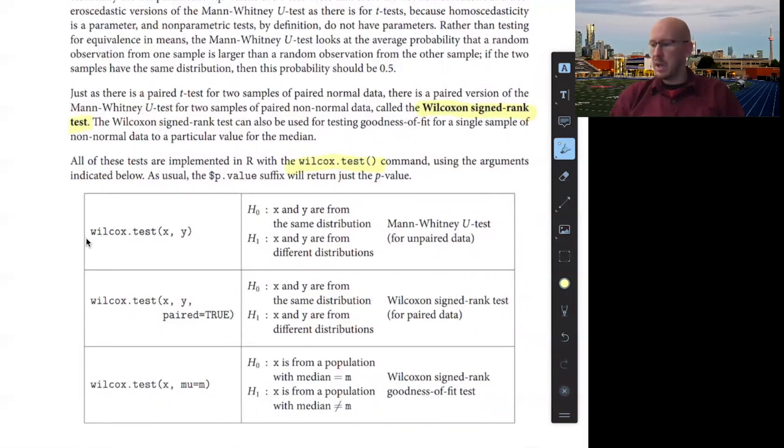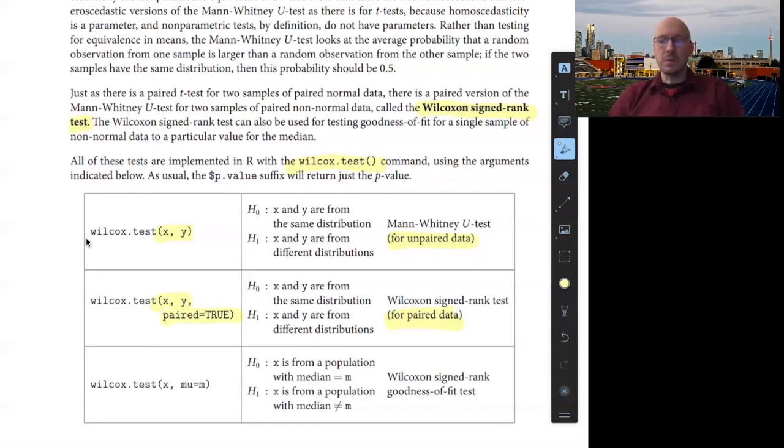One is if you have unpaired data or paired data, and you're doing two samples, so you have an X and a Y. If it's paired, you have paired equals TRUE, and otherwise you leave it off. That's the default assumption.